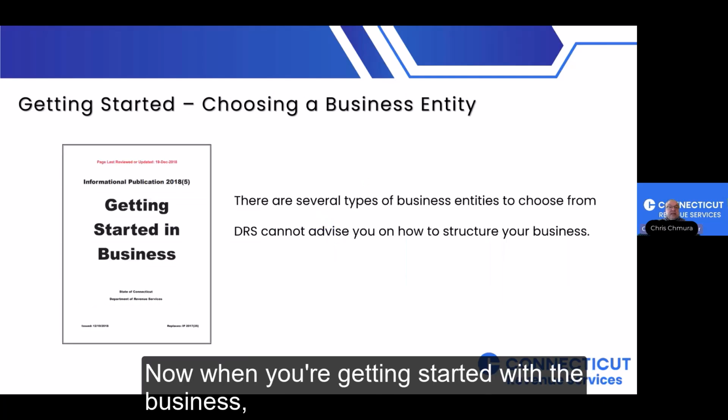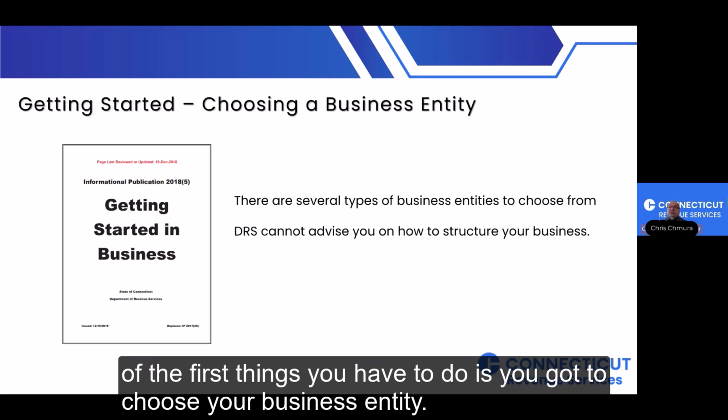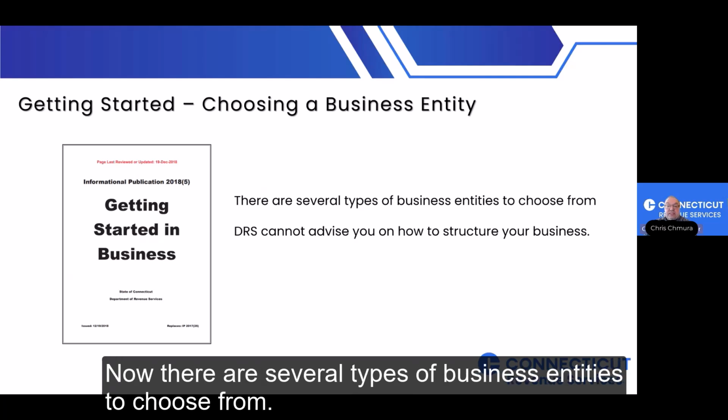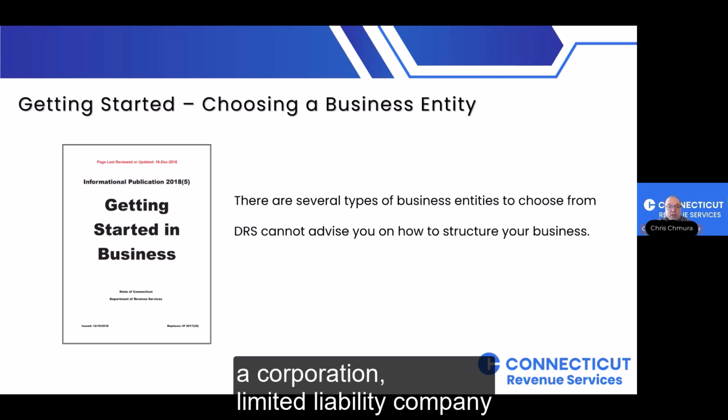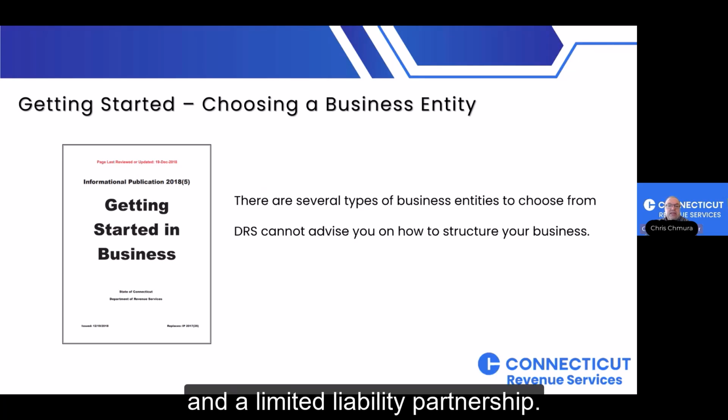Now, when you're getting started with the business, one of the first things you have to do is choose your business entity. There are several types of business entities to choose from. These include a sole proprietorship, a partnership, a corporation, limited liability company, and limited liability partnership.